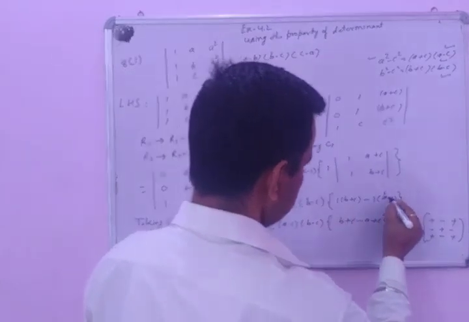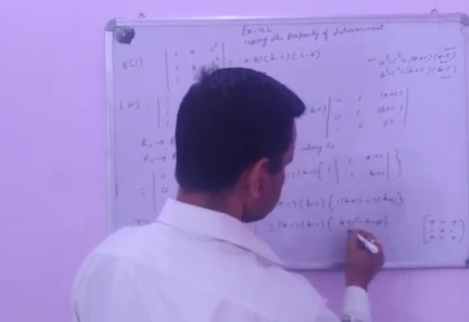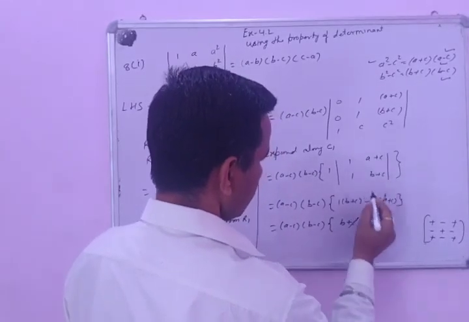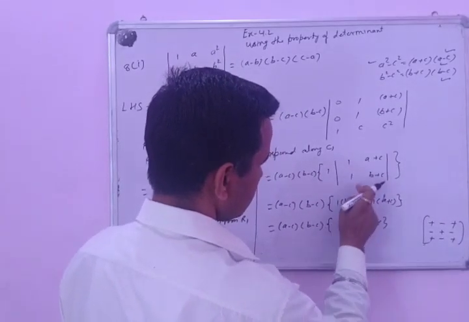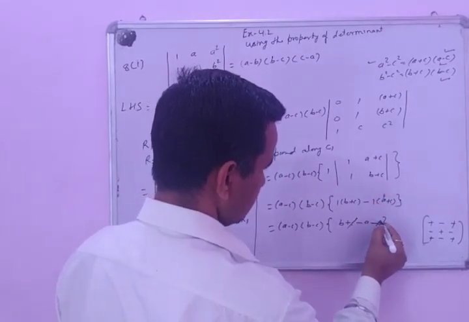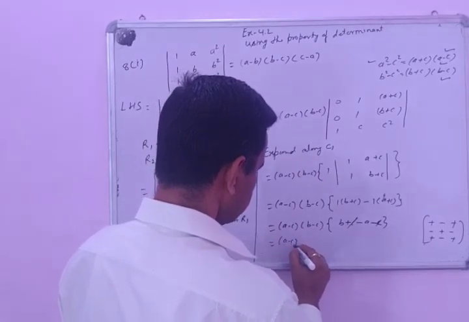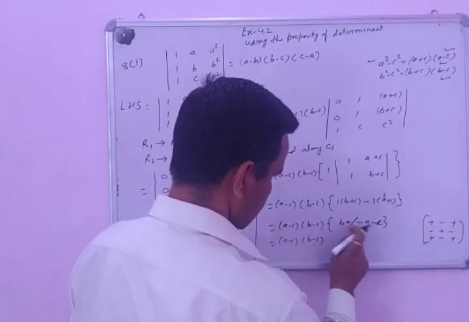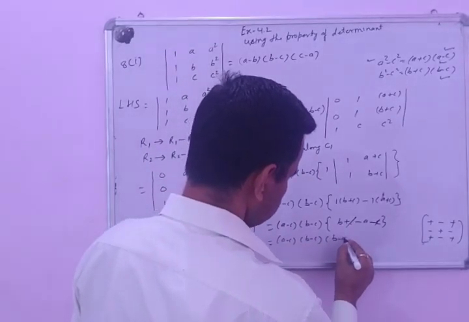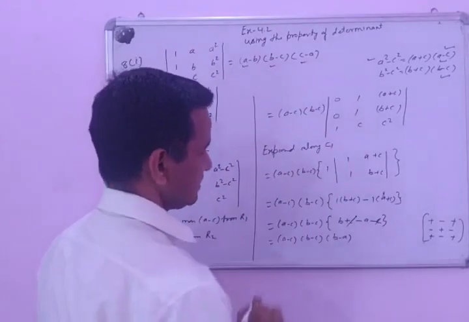The plus sign here and the negative sign here mean c will cancel. What is left here is a minus c, b minus c, and b minus a.